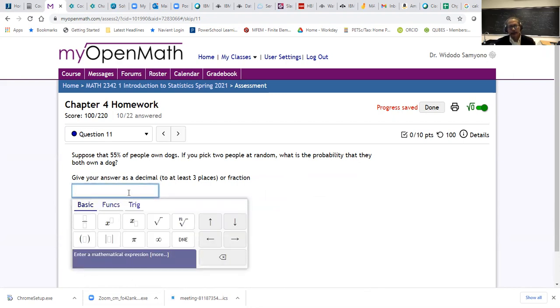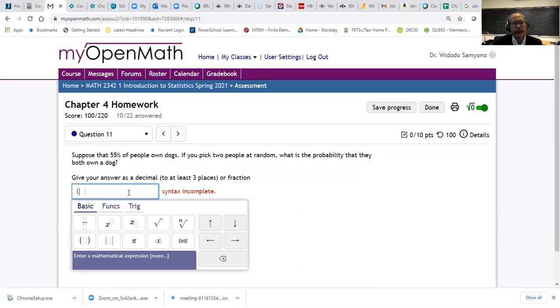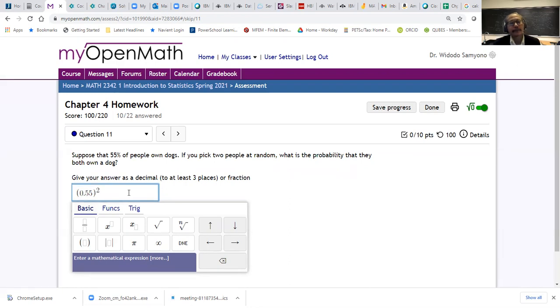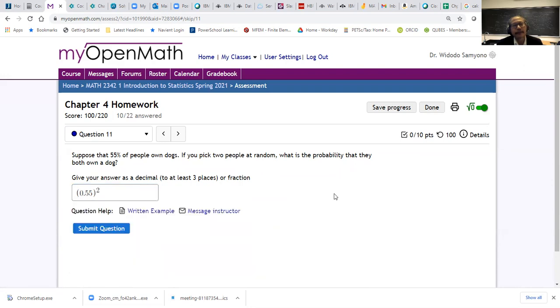You have to use the multiplication rule, so it is 0.05 squared, right? Okay. You can see down here, enter a mathematical expression, so you can write it like this. So this will be the answer.